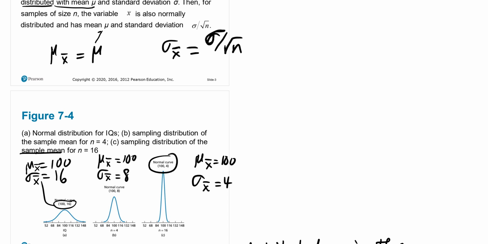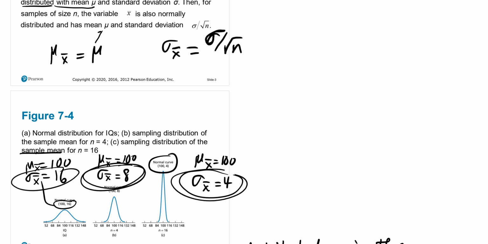Do you see where they're coming from? As the standard deviation decreases, the distribution gets smaller and skinnier. They all look normally distributed, but the last one is skinnier. The standard deviation was 16, then 8, then 4. What affected that is the sample size. Here n was 4, here n was 16, and here n was larger.